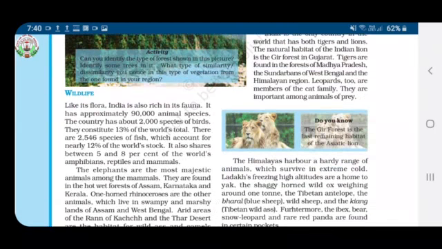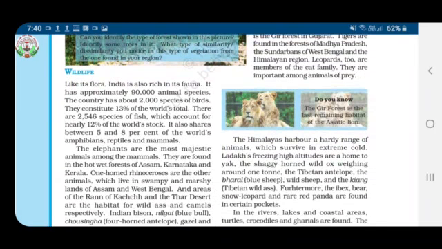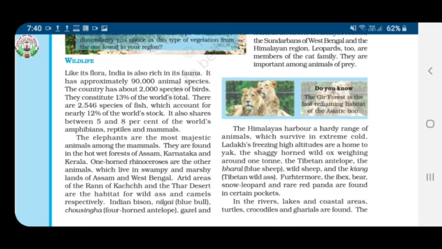Then come to wildlife. India is a country full of fauna like its flora. There are 90,000 animal species. The country has about 2,000 species of birds.